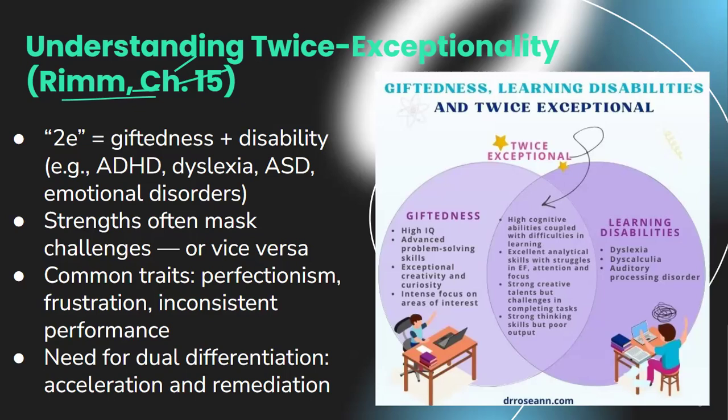Rim notes that strengths can mask weaknesses, leading to misdiagnoses, or weaknesses can overshadow strengths, leading to under-identification of giftedness. 2E learners frequently experience frustration and perfectionism, especially when expectations don't match their performance.